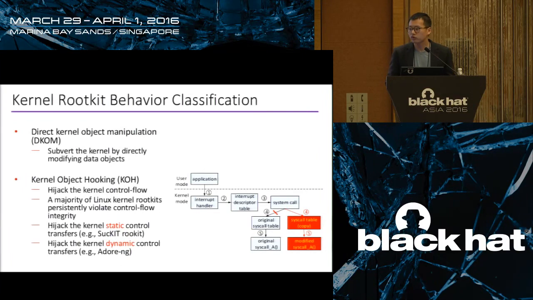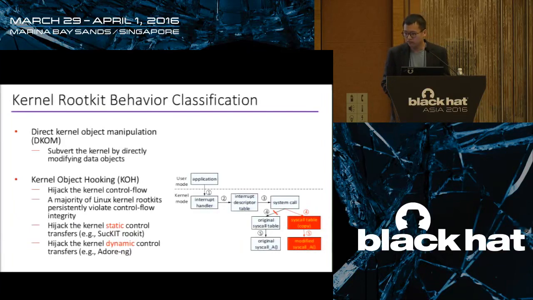Then it finds which syscall it is by looking up the system call table. If your system is not affected, it will use the original syscall table and execute the original syscall routine. But if you have a rootkit, it will give you a fake syscall table and then jump to a malicious syscall routine.